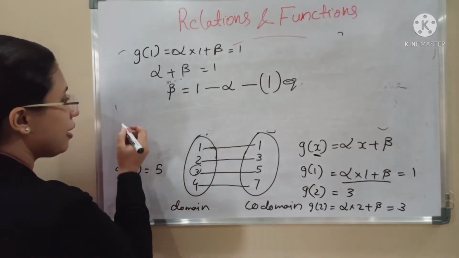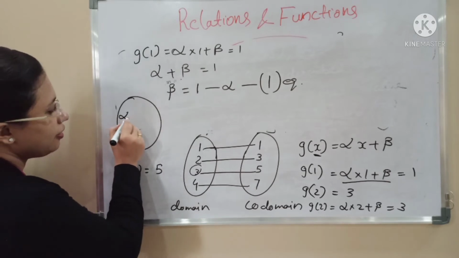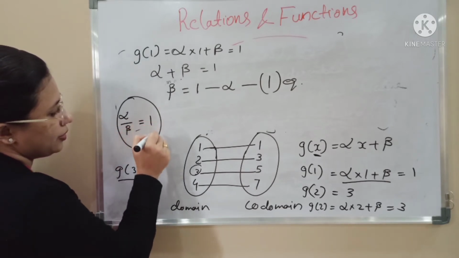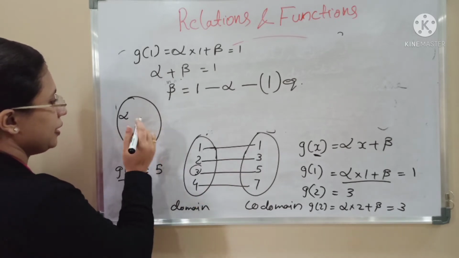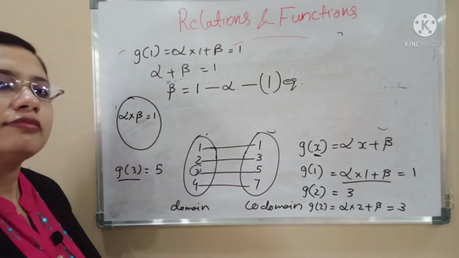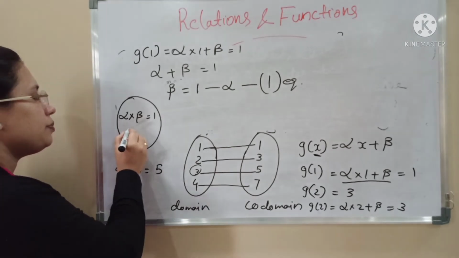I'll give you one more trick. Suppose alpha times beta equals 1, and I want the beta value.